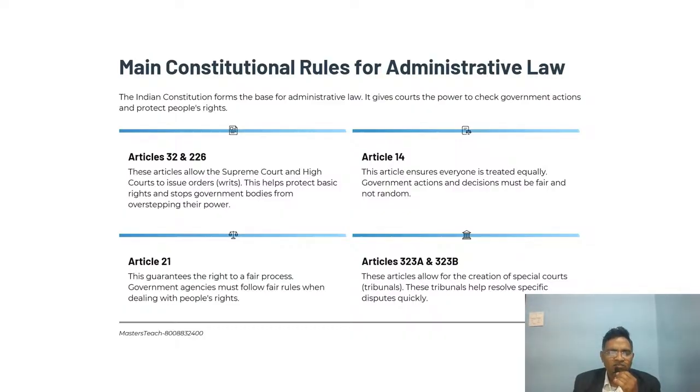Then Article 21 gives the right to fair process, so government agents must follow the rules in dealing with people's rights. Then Article 323A and 323B provide for the creation of special courts or tribunals, so that disputes are solved quickly.